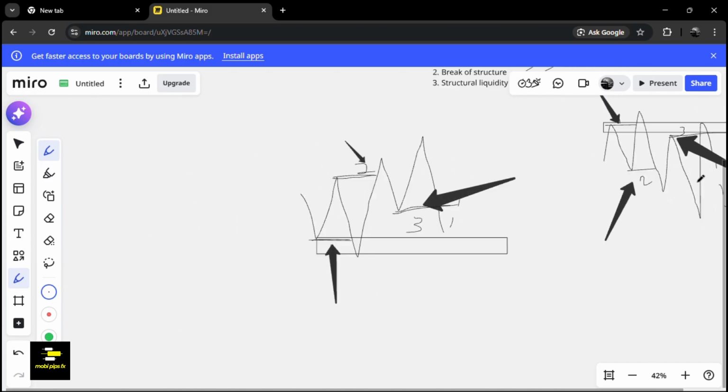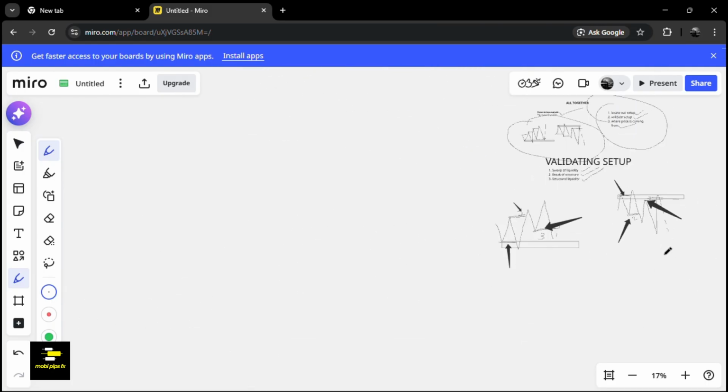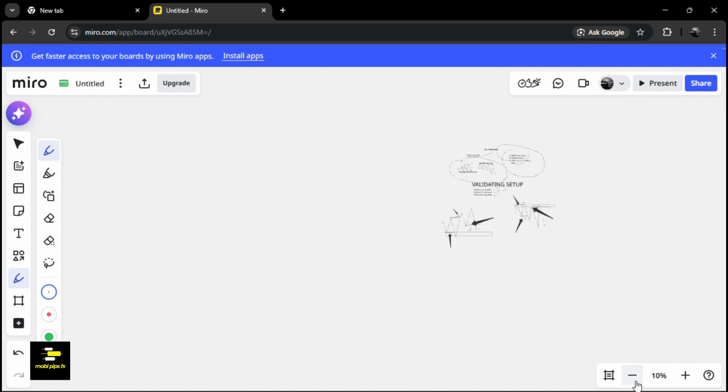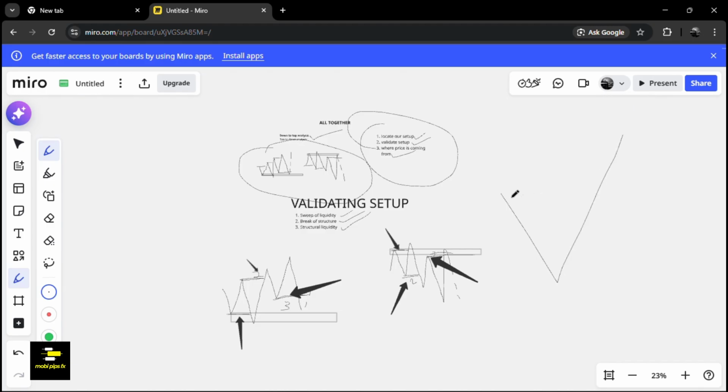Over here too, a sweep of liquidity, a break of structure, and structural liquidity before there is the sell. And then we checked to see setups that played out, where price was coming from. We labeled our swing structures. We used our fib tool to tell our discount zone from our premium zones.